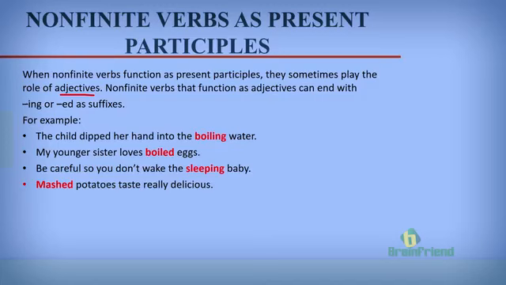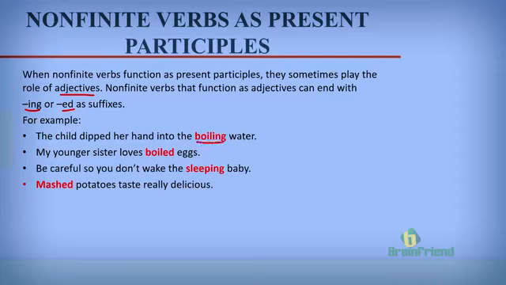Non-finite verbs that function as adjectives can end with ing or ed as suffixes. Present participle verbs that are a function of non-finite verbs usually end in ing or ed. For example, the child dipped her hand into the boiling water.